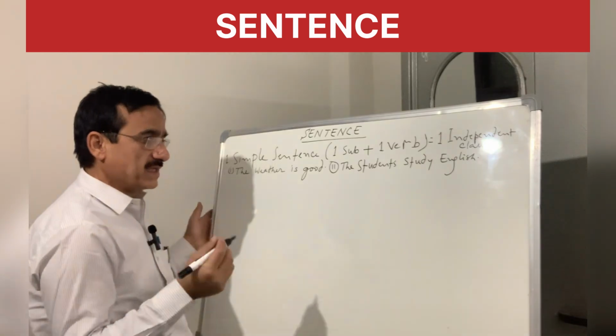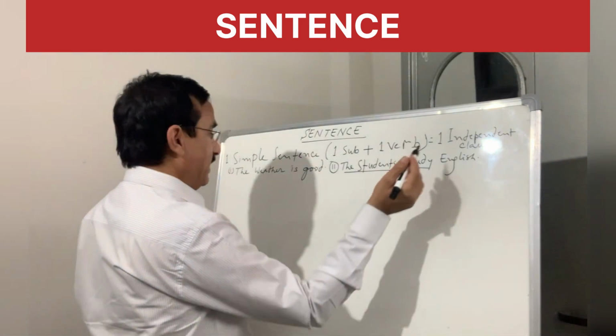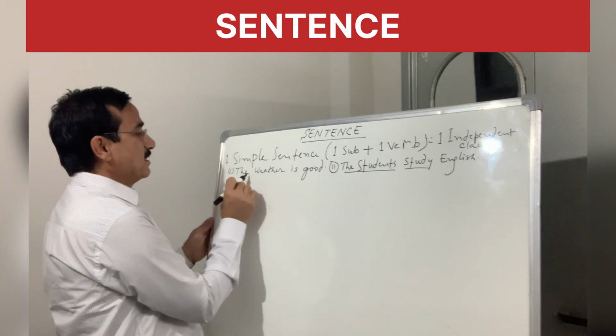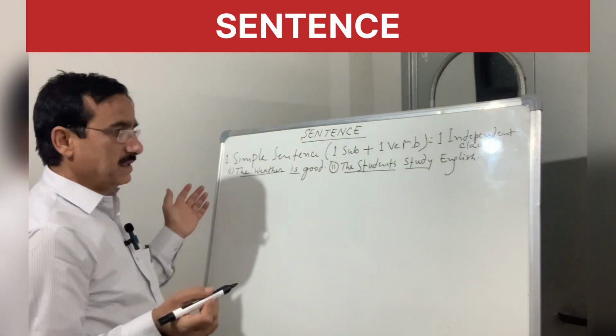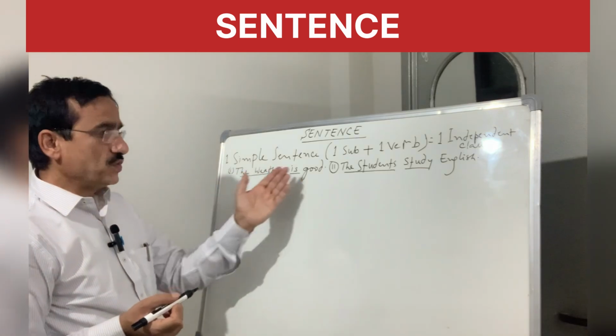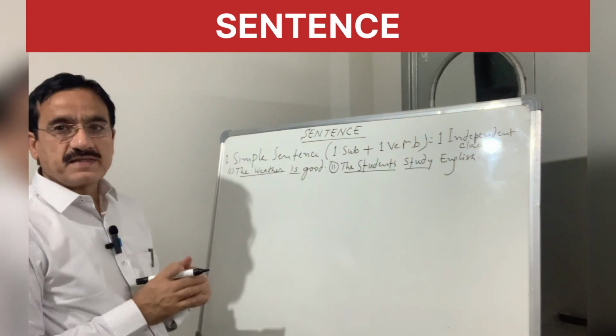The students study English. This is subject and this is verb, and it is an independent clause. The weather is the subject, this is the verb. So these two sentences are examples of simple sentence.